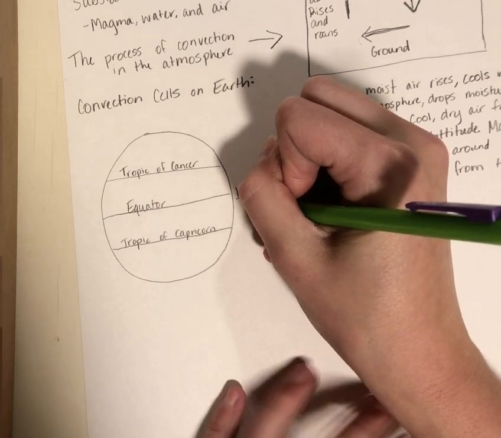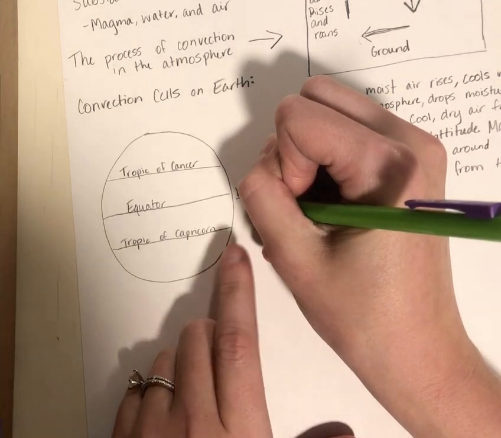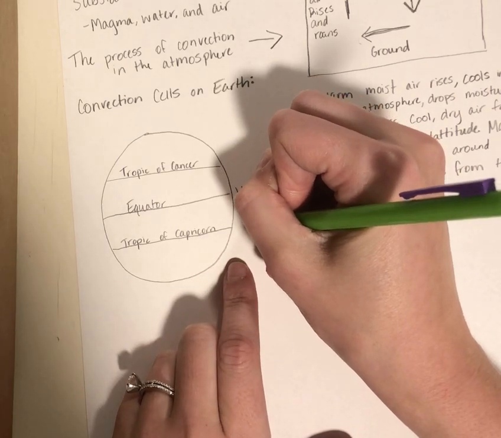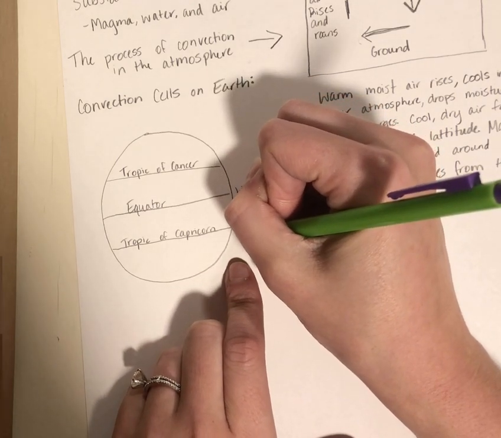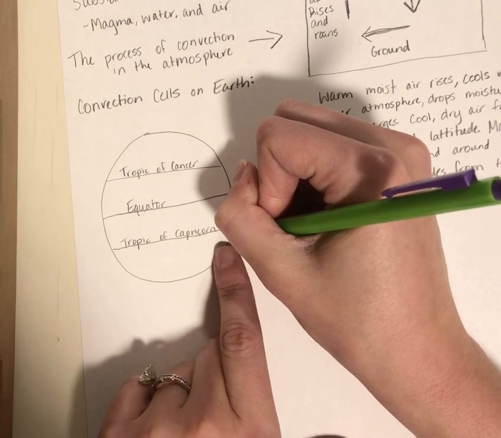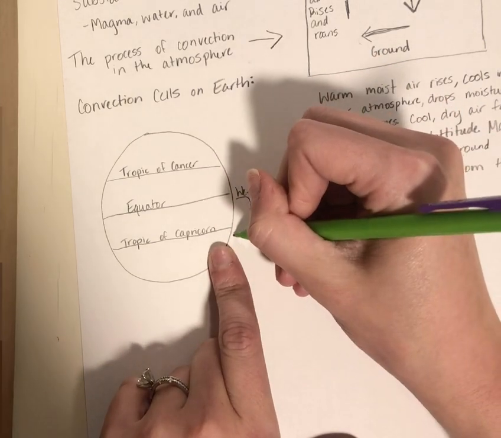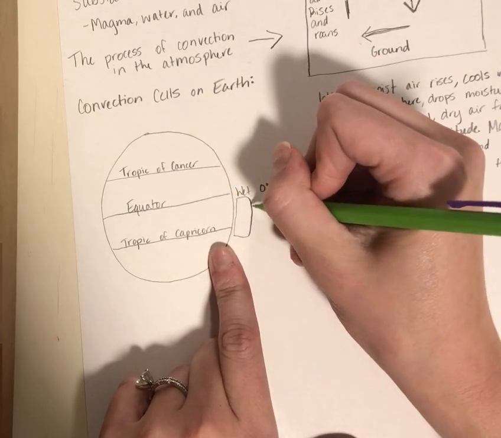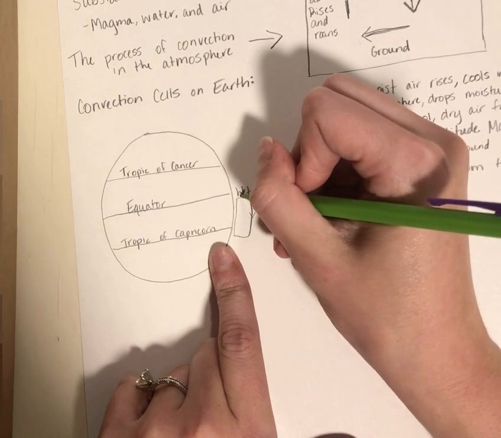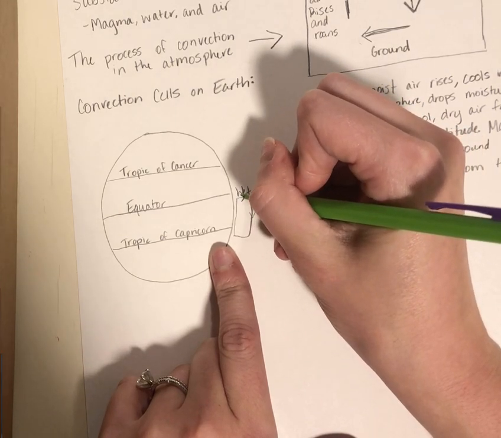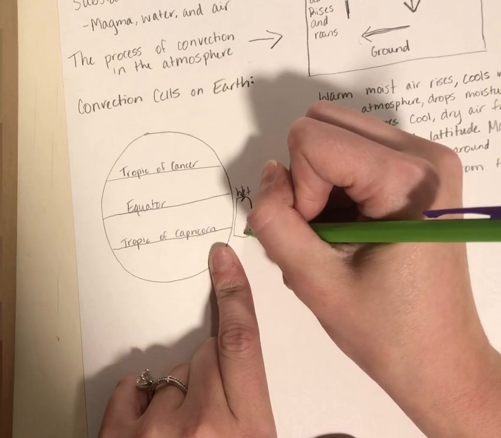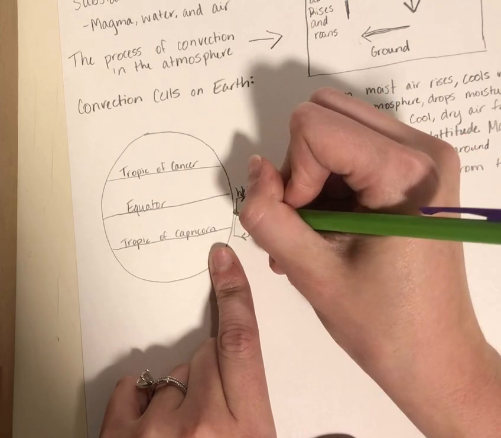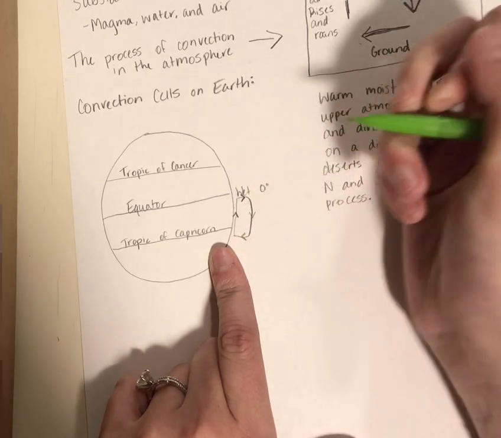It's going to move over towards our almost 30 degrees. So we're going to go a little past this. This is where the cool air is dropping. Remember, typically where we have our deserts. And then it's going to go back over. So make sure you draw arrows on this showing that your hot air here is rising, cool air is dropping and moving over.